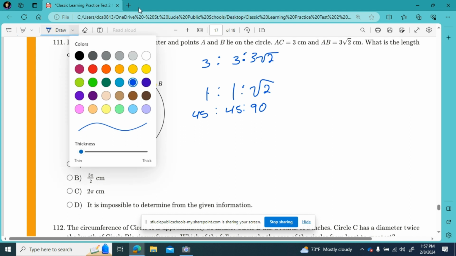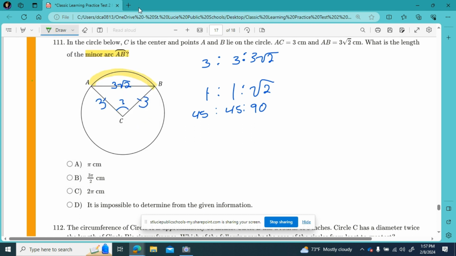Everything got divided by 3. 3 divided by 3 is 1. 3 divided by 3 is 1. 3 square root of 2 divided by 3 is a square root of 2. So we have just proved that our angle C here is 90 degrees. So I'm going to draw my little right angle symbol.